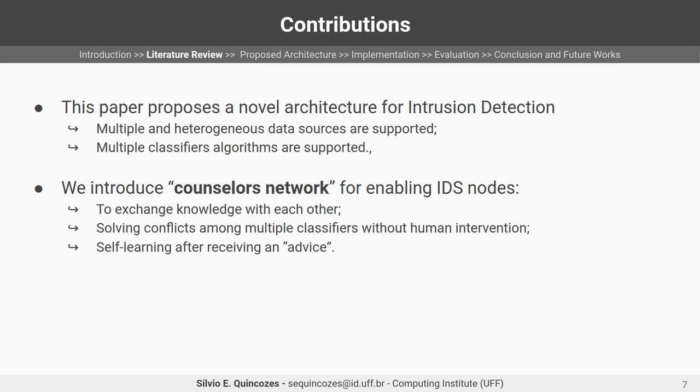Each classifier can be trained with different kinds of data sources, and these different detection nodes can share information for solving conflicting cases. After a conflicting case is solved, all the IDS nodes are able to do self-learning.